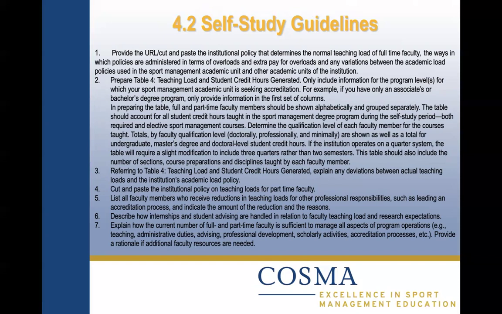And then there is a table where you show your teaching load and the student credit hours. That's just another helpful way to put it in a diagram so you can see what's really going on. You would break it down by the faculty qualification level, the degree level, and the different semesters or quarters, whatever it's divided into.